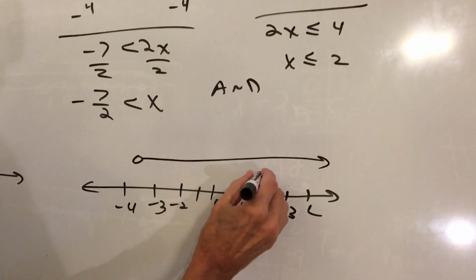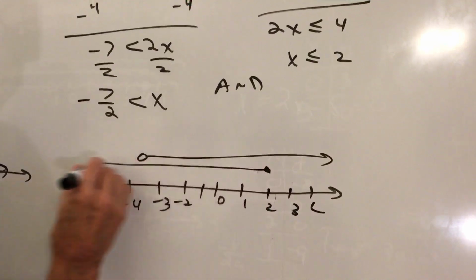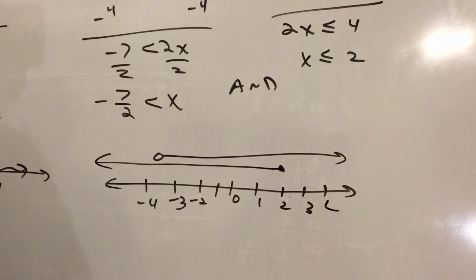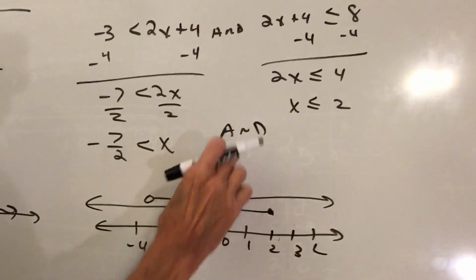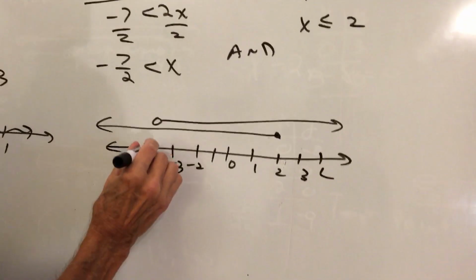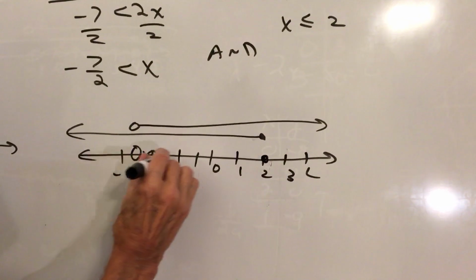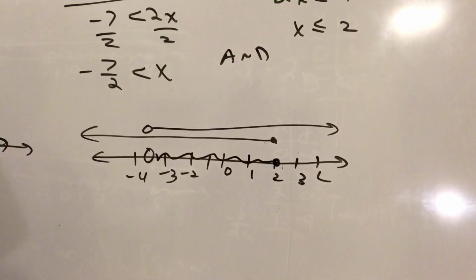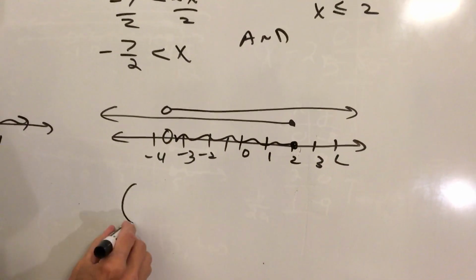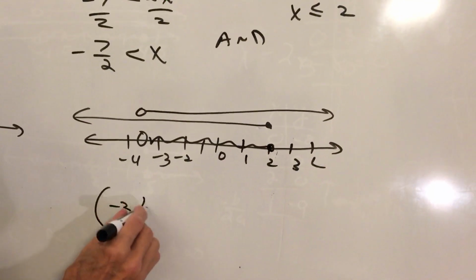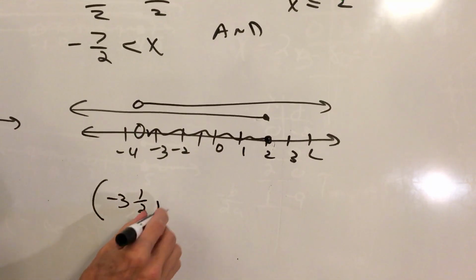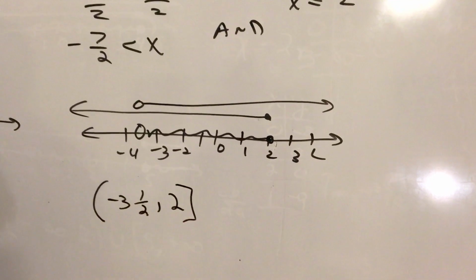X is less than or equal to 2. That's that. And is where they overlap. They overlap from here to here. And the interval notation is parentheses -3.5, comma, 2, bracket.